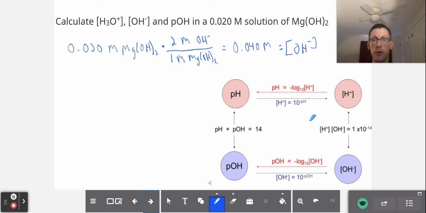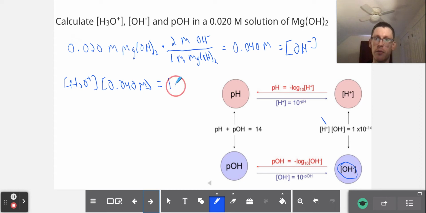That's our concentration of OH minus. So actually, we're done with part of the problem. That's right here. And from here, well, we can get to the concentration of H plus, basically doing what we previously did in reverse. We can say that concentration of H3O plus times 0.040 molar is equal to our Kw, which is 1.0 times 10 to the negative 14th.